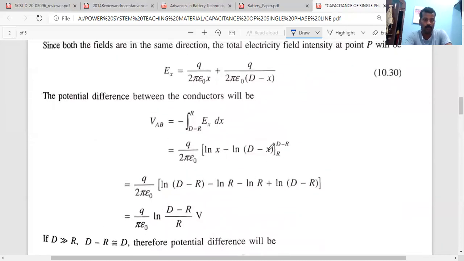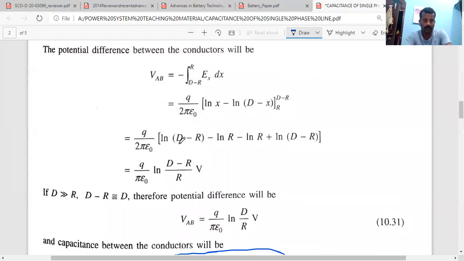Now this limit has been put in here: ln (d minus r) minus ln r, plus ln r, sorry, d minus r.